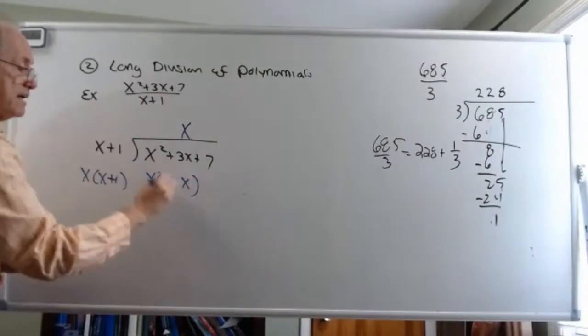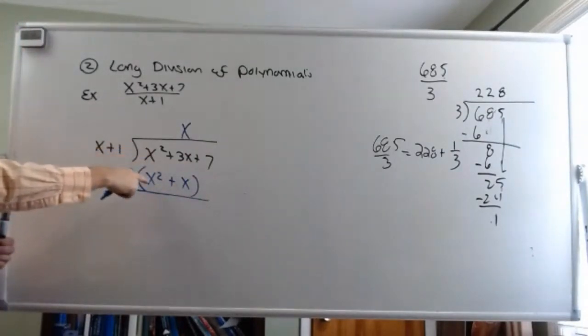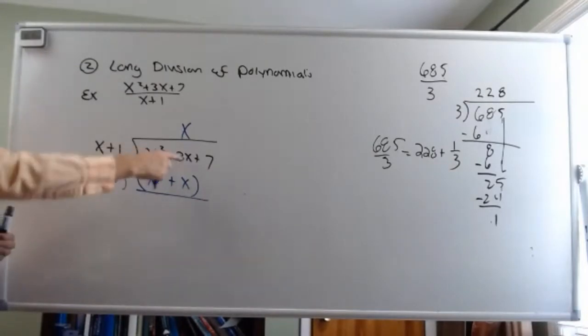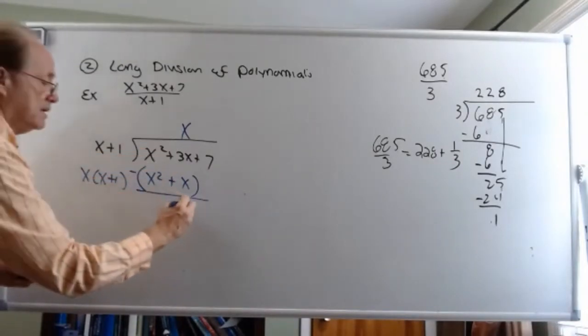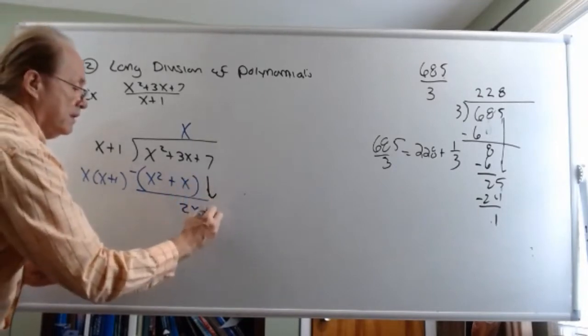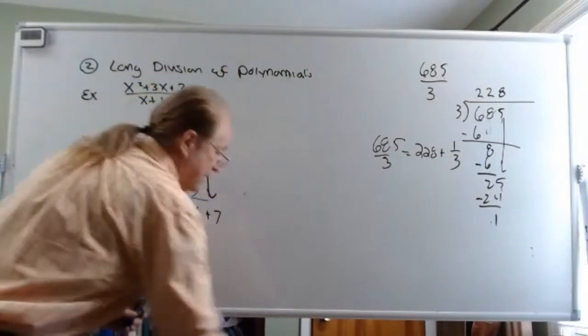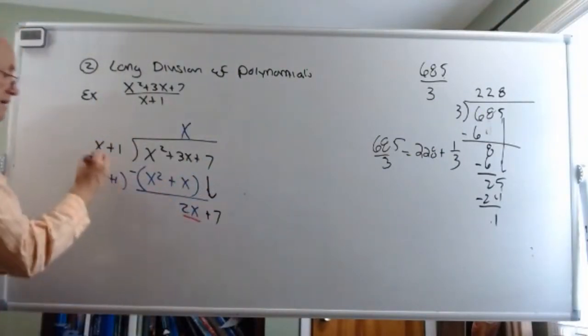And just like over there, I subtract everything from what's above it. x squared minus x squared, there is no x squared. 3x minus x gives me 2x, and then I bring down the plus 7. Now I look at 2x and x.